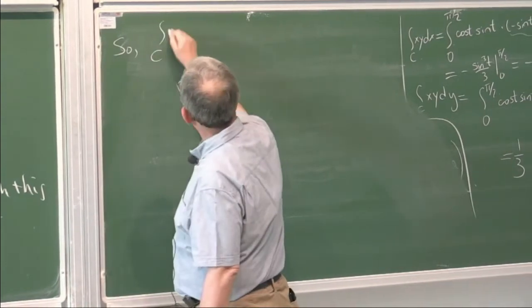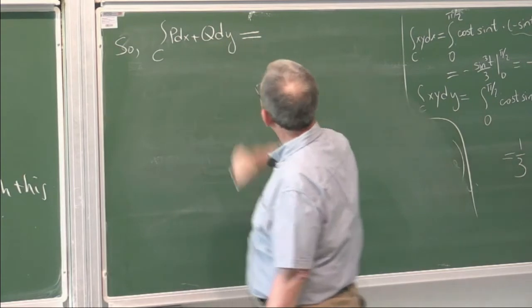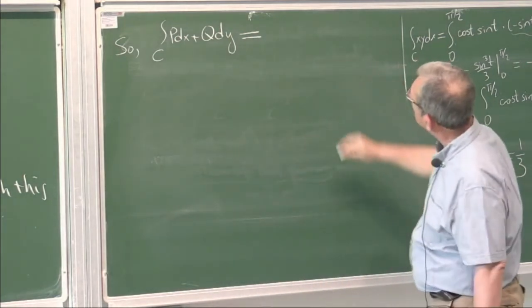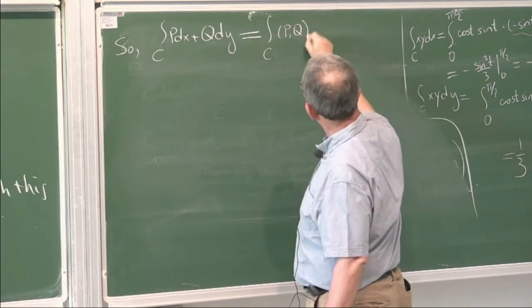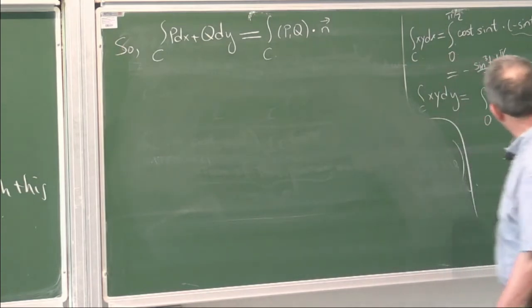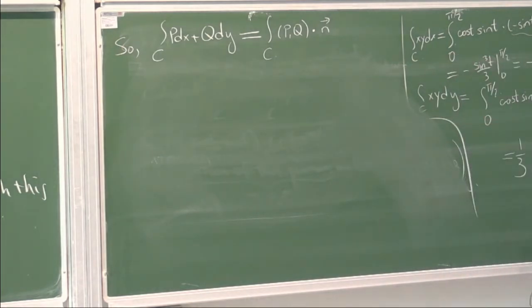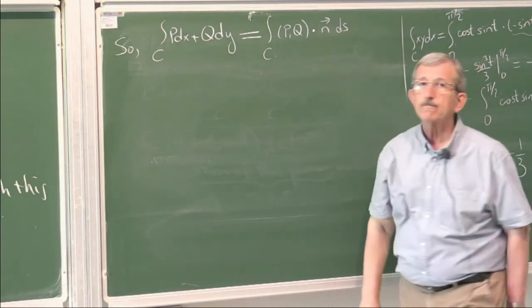P dx plus Q dy can be written as the integral over C of the vector (P, Q) dot the vector n, and the rest, that is our delta S, becomes ds.